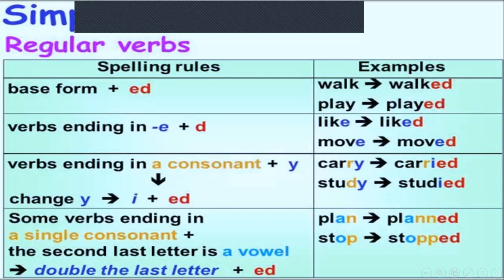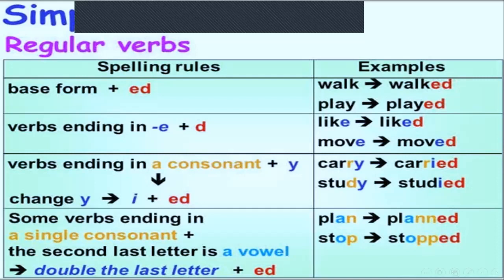Look at here, some verbs ending in... Look at this verb, plan. This verb ends with a vowel plus a consonant. If the verb ends with vowel plus consonant, we only double the last letter and add ed.